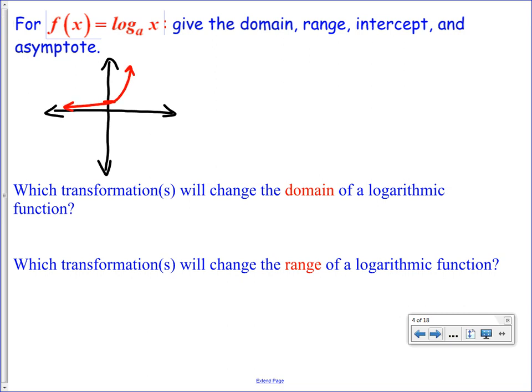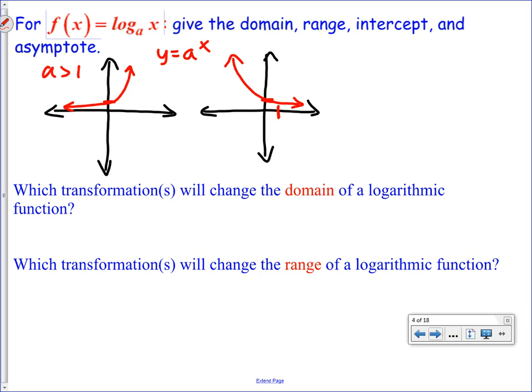And if the base is a fraction between 0 and 1, then it looks like this. It was exponential decay. Okay, so this was for y equals a to the x when either a is greater than 1 or a is a fraction between 0 and 1. So this is what we learned in last night's video.